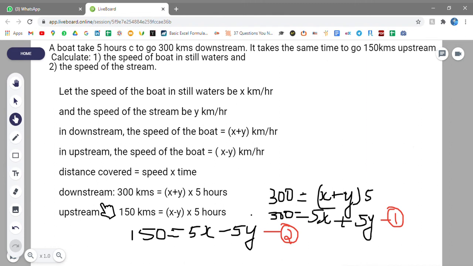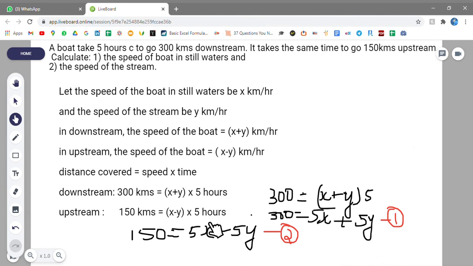Now in downstream, by using the formula, the distance covered is 300 kilometers, the speed is x plus y and the time is 5 hours. In the upstream, the same distance covered is going to reduce to half, that is 150 kilometers, and the speed is x minus y kilometers per hour and the time taken is the same 5 hours.